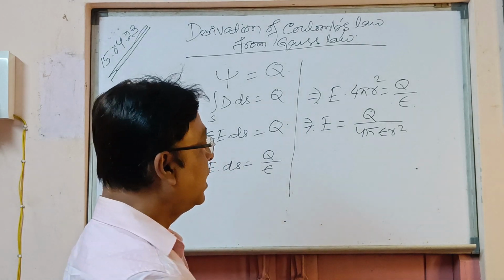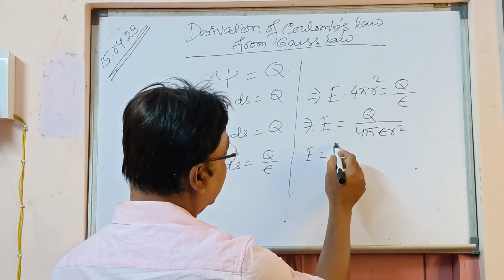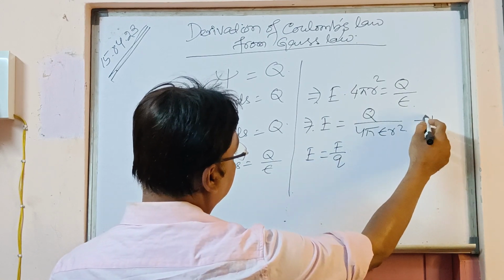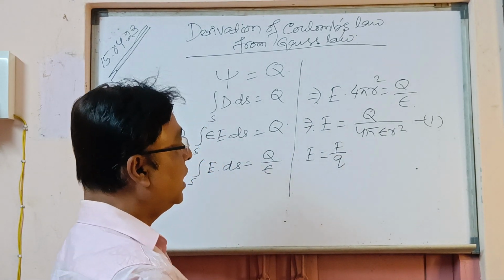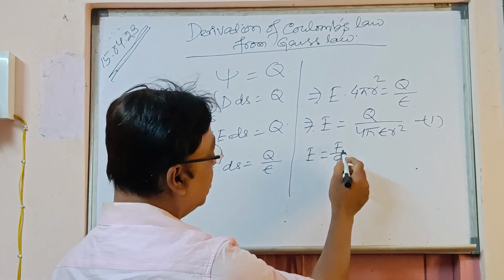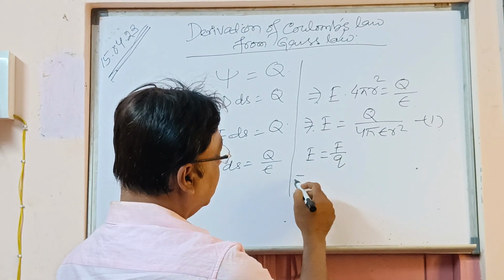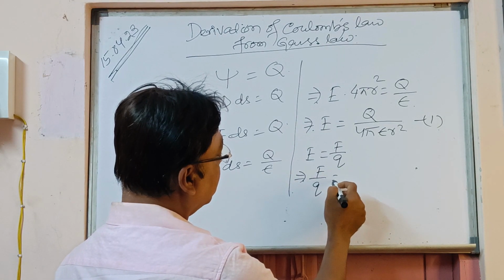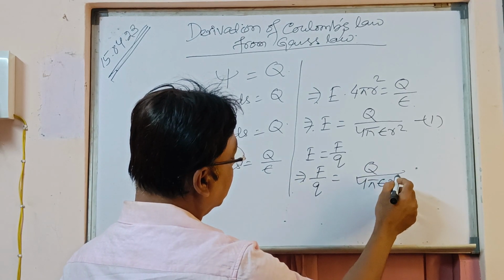Now we know that E is equal to F by Q. Putting E is equal to F by Q in this equation, suppose this is equation 1. Instead of the electric field, if we write F by Q, then equation 1 converts to F by Q is equal to Q by 4 pi epsilon r square.